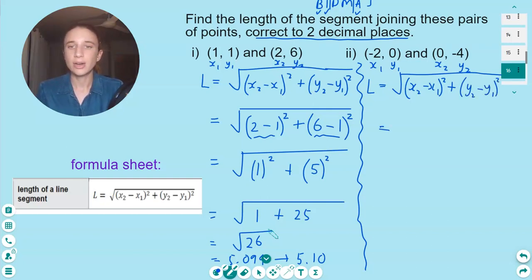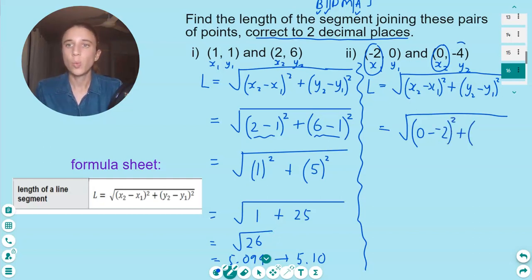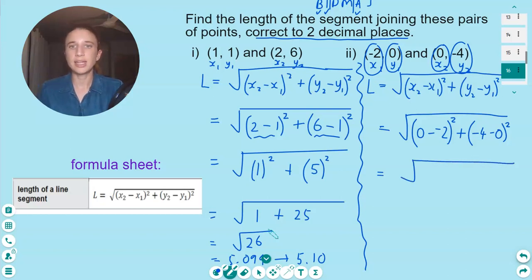And then it's just a matter of careful substitution. x2, take x1, take negative 2, squared, plus y2, take y1. And then using BIDMAS to simplify underneath that square root sign.